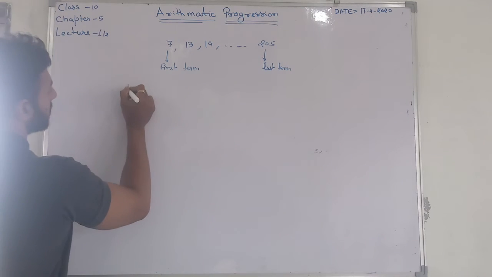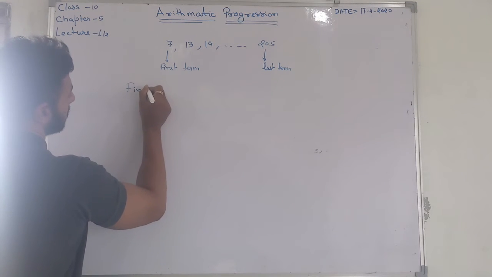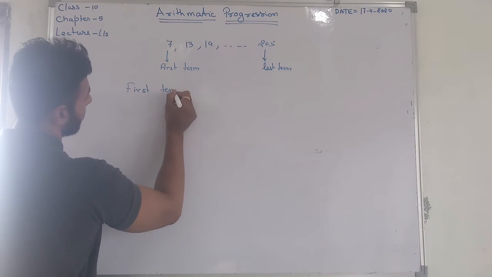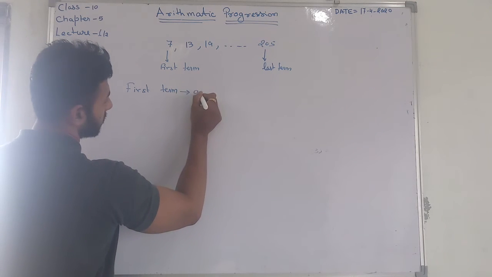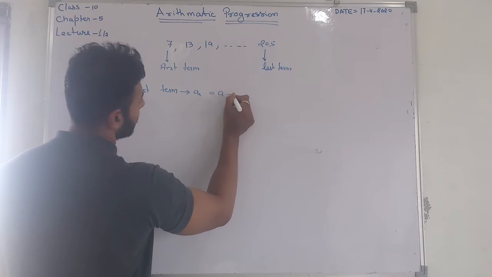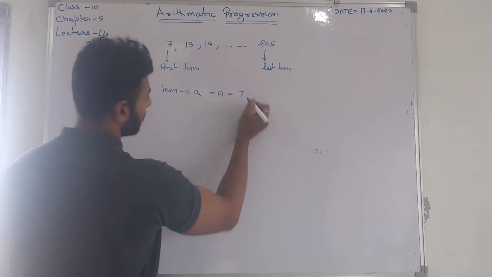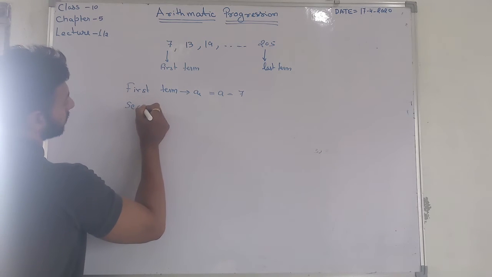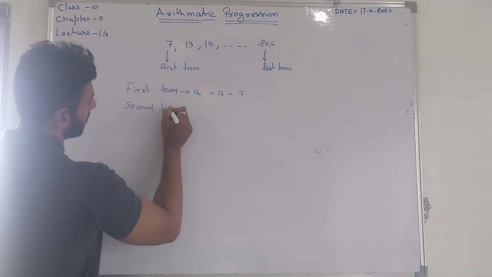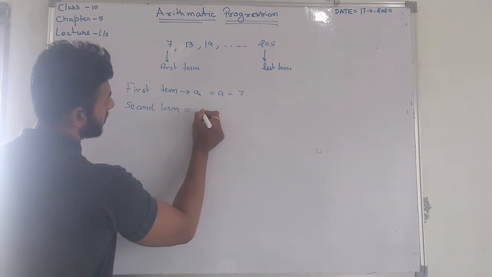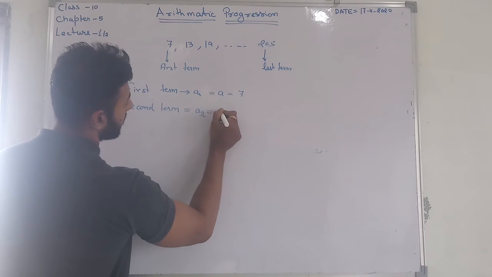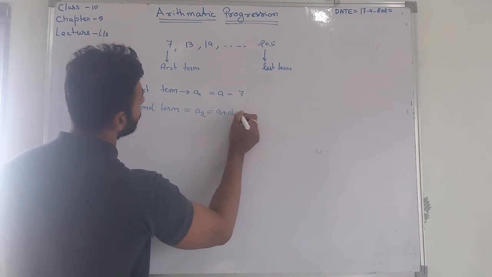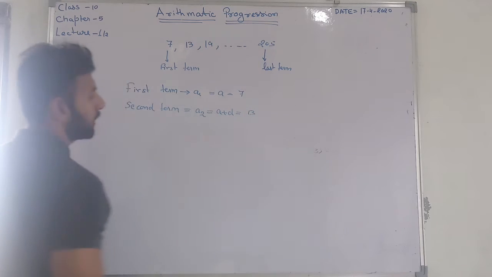The first term, which is A1, can be written as a equal to 7. The second term, which is A2, can be written as a plus d equal to 13.